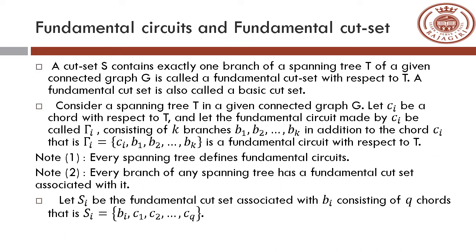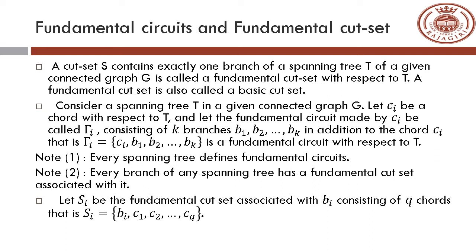Note that every chord of a spanning tree defines a fundamental circuit, and every branch of any spanning tree has a fundamental cut set associated with it. A fundamental cut set is denoted by Si. Let Si be the fundamental cut set associated with Bi, consisting of q chords, that is Si is equal to Bi, C1, C2, etc. Cq.